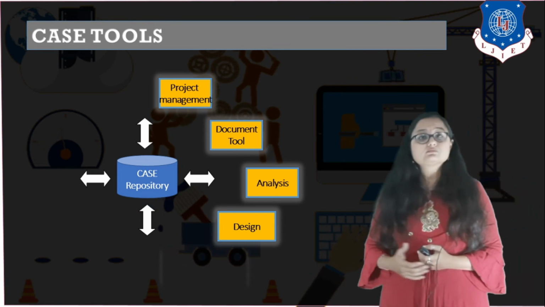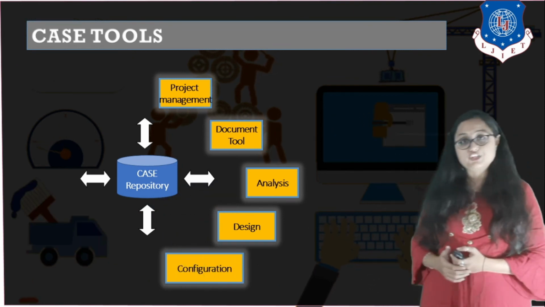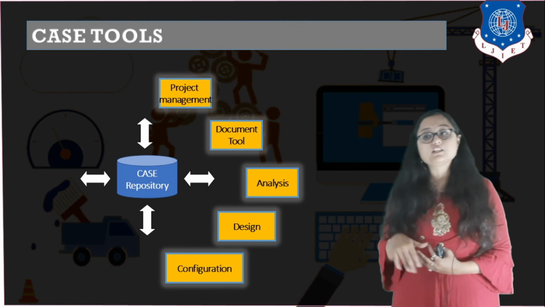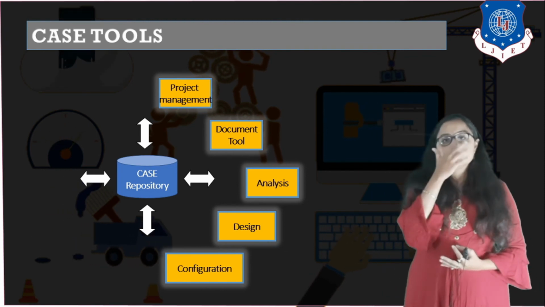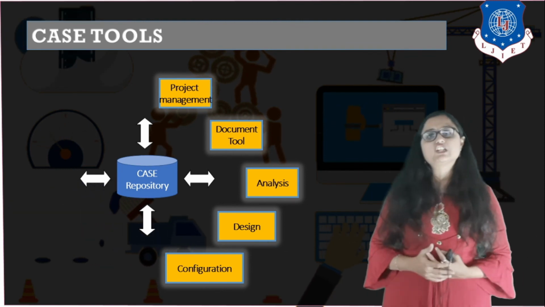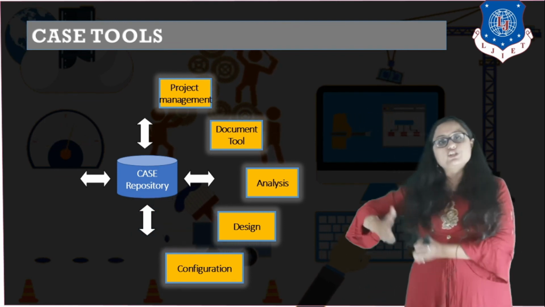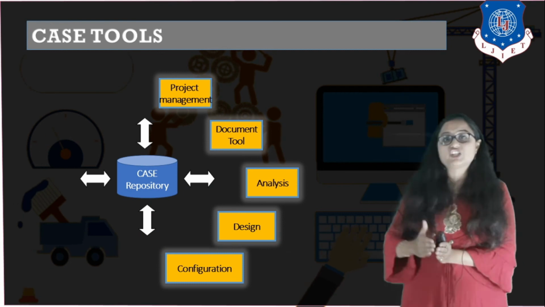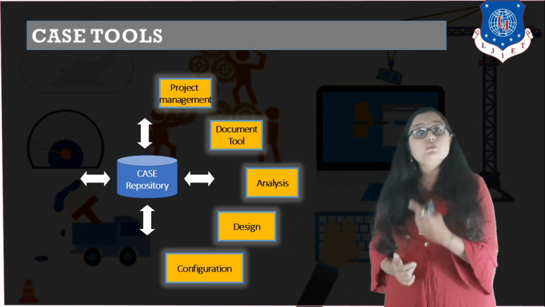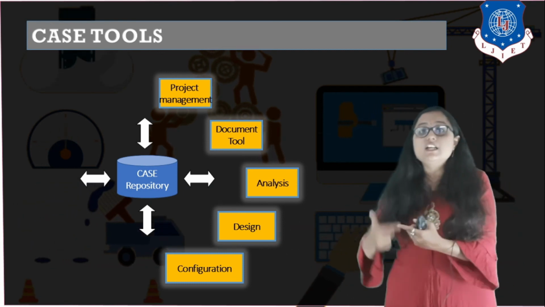Also, there are different configuration tools. Configuration, we know, is known as change management, right? If you are performing software configuration activity in your software, you will have different versions of your software, you will have different configuration items, and those items will change in different versions.